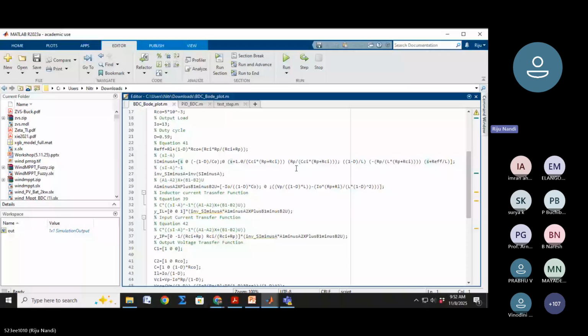I have to show the value of V0 by D after doing the coding. You can also do it on paper, using small signal modeling and the circuit averaging technique, to get the V0 by D equation, but I have done the coding part in MATLAB.